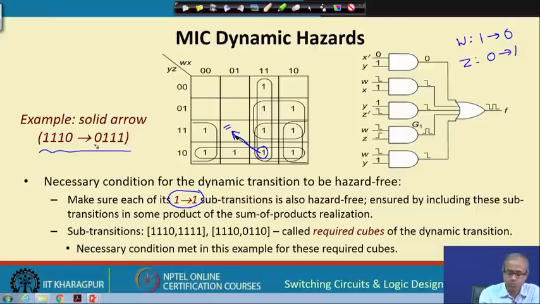You see W and Z both are changing here, right. Now, for this you look at the sub transitions, as I said, to go from 1110 to 0111.